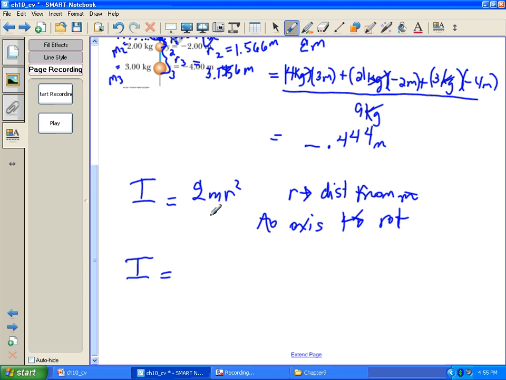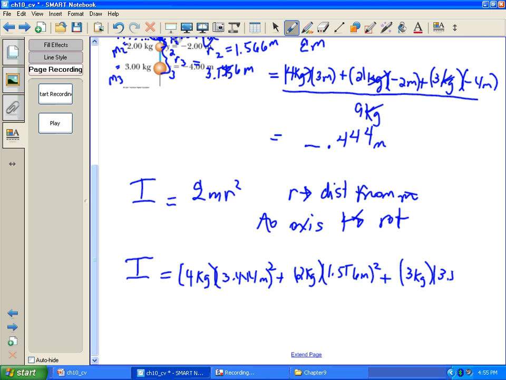We have to keep that in mind as we do our work. Remember that moment of inertia does not get divided out by anything. So we have 4 kilograms times 3.444 meters squared plus 2 kilograms times 1.556 squared plus 3 kilograms times 3.556 squared.